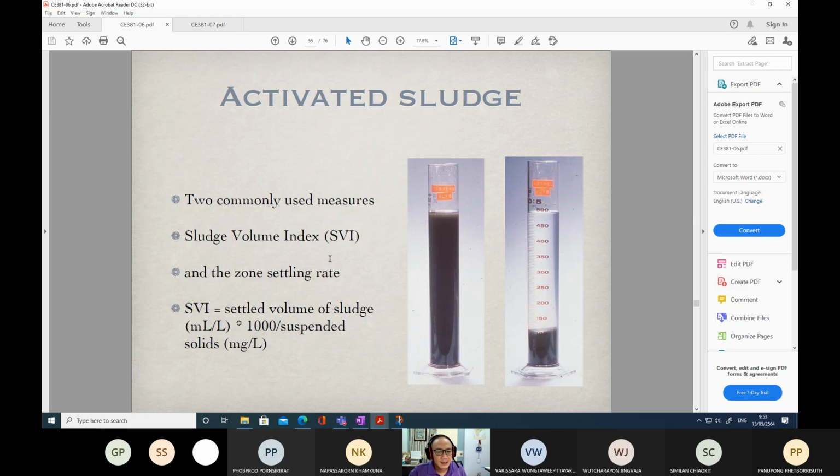But this is okay. So this is what really happens in the aeration tank. We provide the oxygen so that the microorganisms can grow inside, and we cultivate a lot of microorganisms which cannot be counted in terms of number, but we rather measure in terms of the suspended solids called the mixed liquor suspended solids, or MLSS.